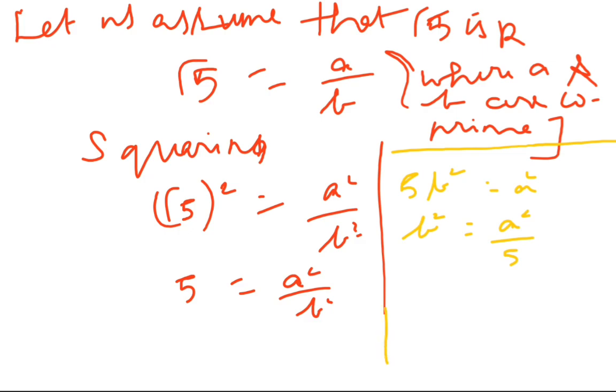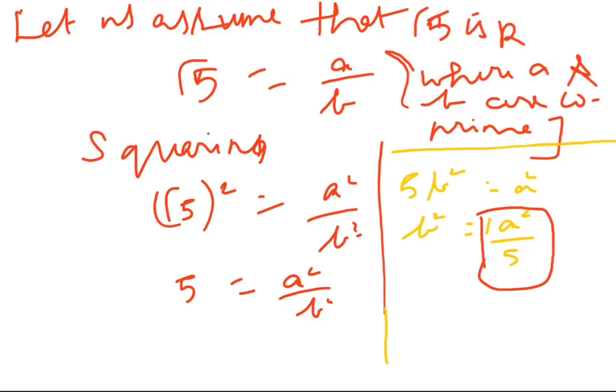So if a square is divided by 5, we can say that a can be divided by 5, yes or no? Let us take an example.